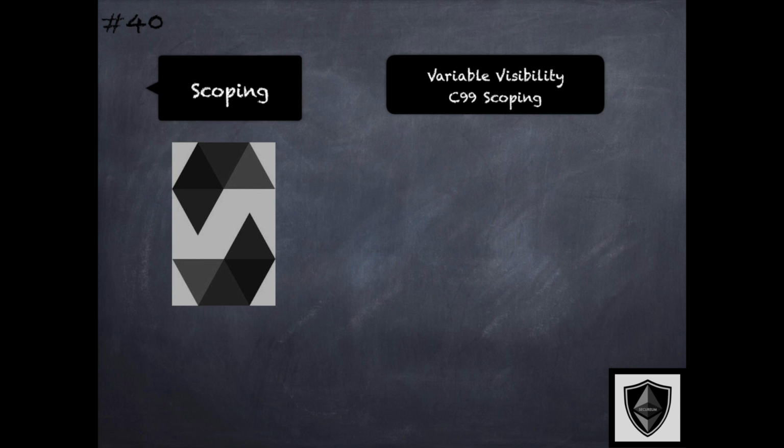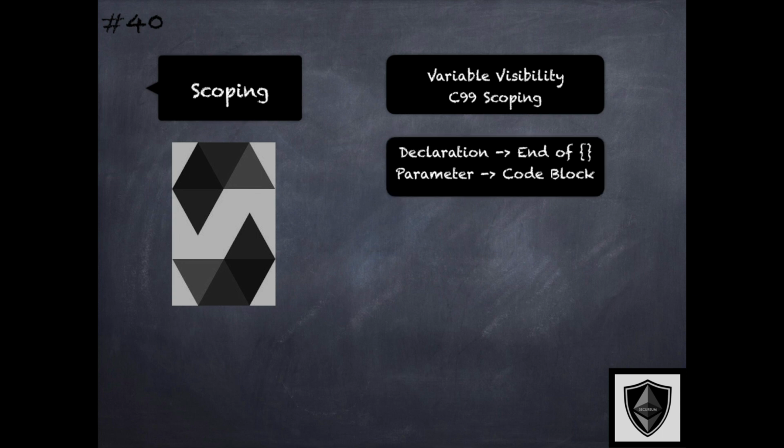In the case of Solidity, variables are visible from the point right after the declaration until the end of the smallest curly bracket block that contains that declaration. But as an exception to this rule, variables declared in the initialization part of a for loop are only visible until the end of the for loop.